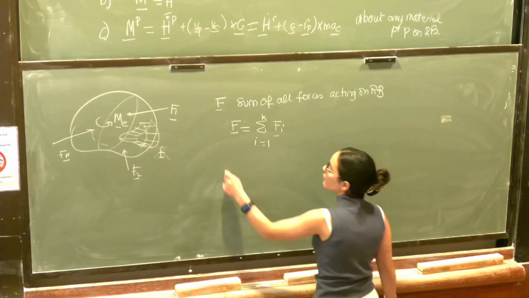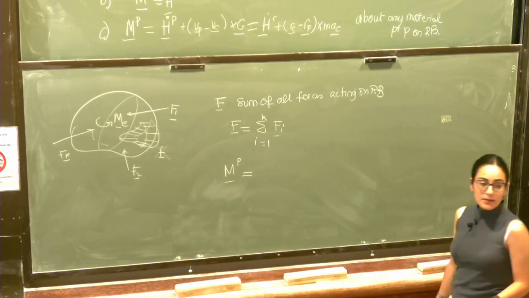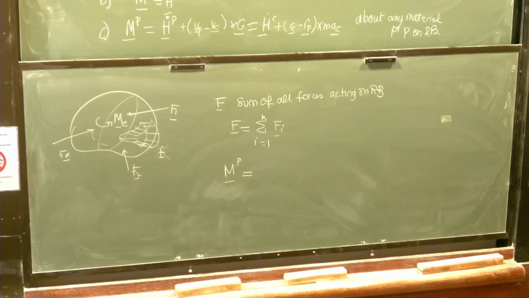Now, what about the sum of moments about a point P? How do I calculate the sum of moments acting on a rigid body? Exactly, that's the moments of all the forces about P plus what?